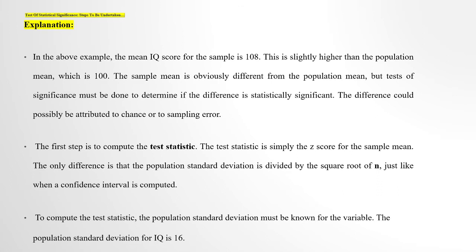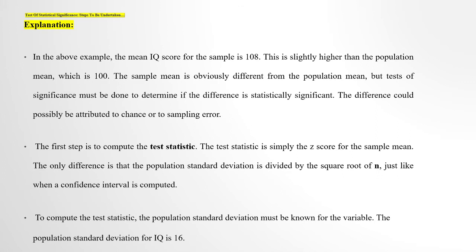So the first step is to compute the test statistic. What is this test statistic? It is nothing else but the Z score that we just saw for the sample mean. The only difference is that the population standard deviation is divided by the square root of n.